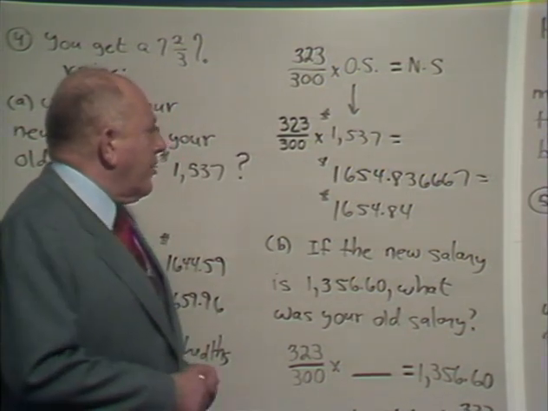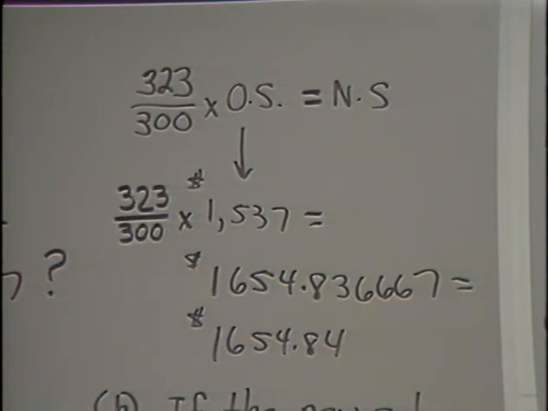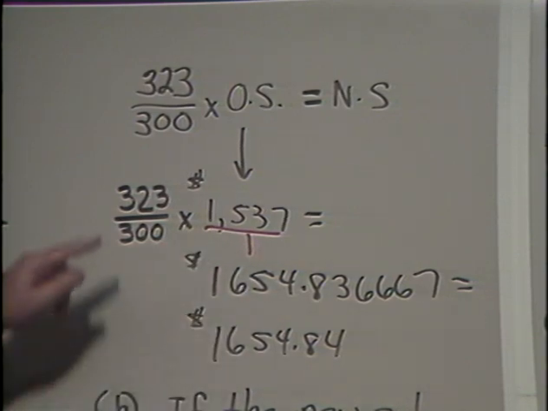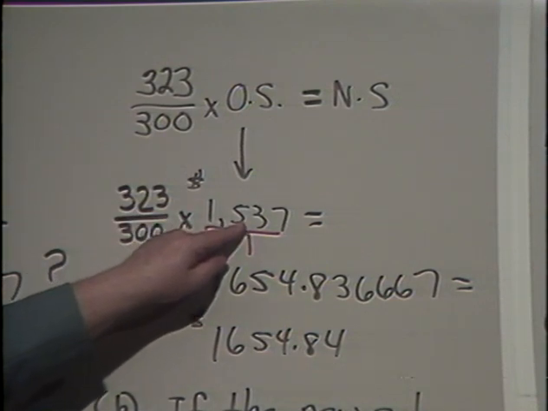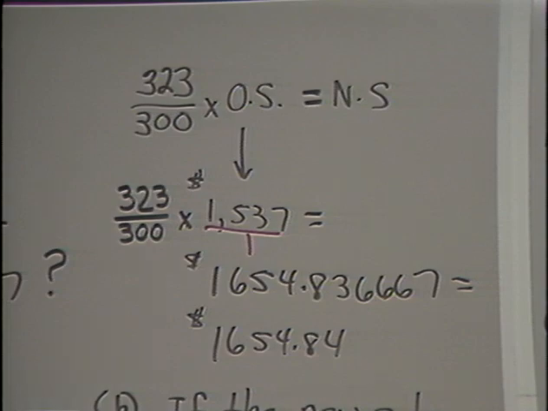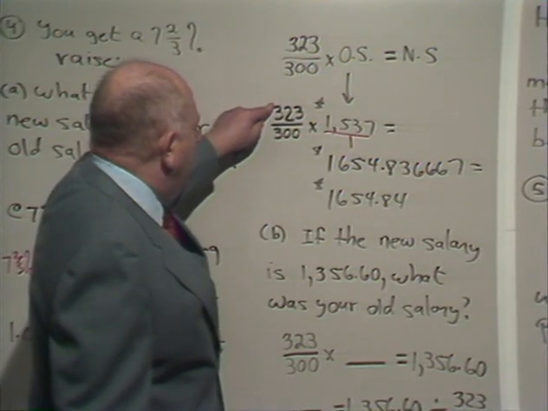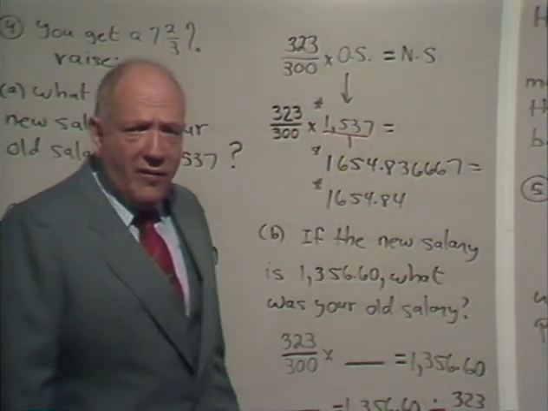And how do you do that on the calculator? You multiply the numerators and divide by the denominator. Remember, whenever there's no denominator, you can always assume that it's 1. So on the calculator, you take 323, times that by 1,537, get the answer, divide that by 300. And by the way, you can do these in any order you want. You could have started with the 323, then divided by the 300, then multiplied by the 1,537.